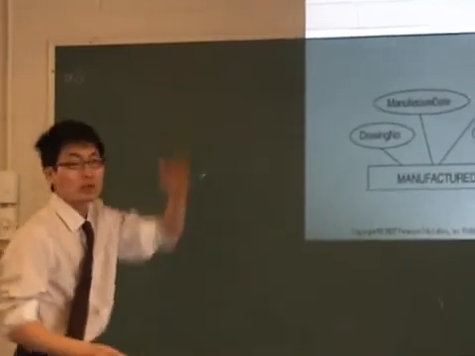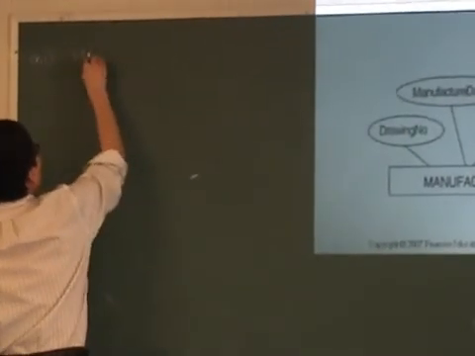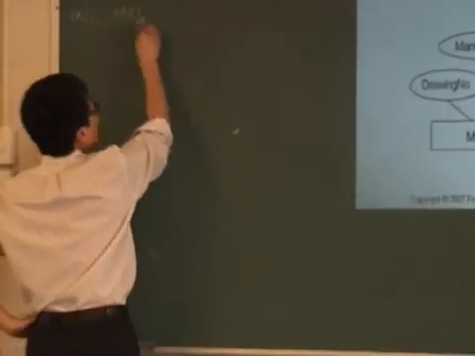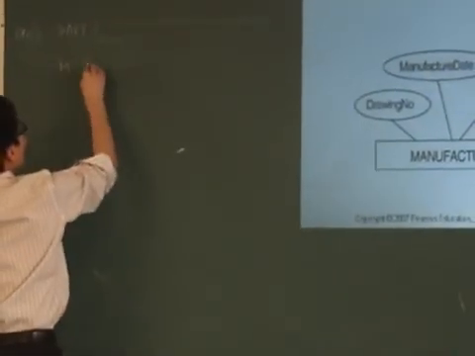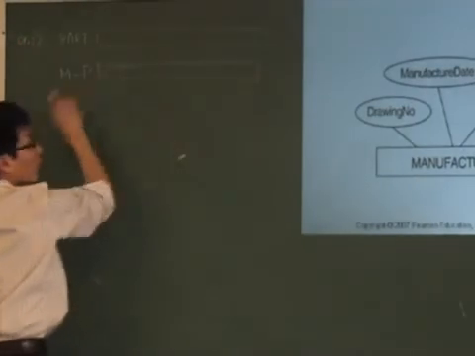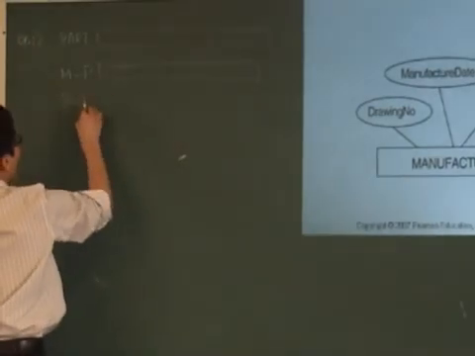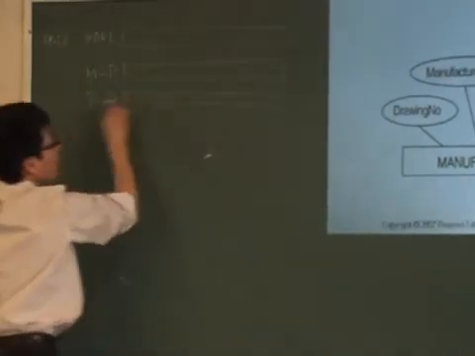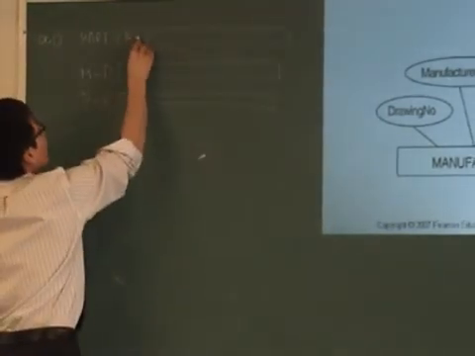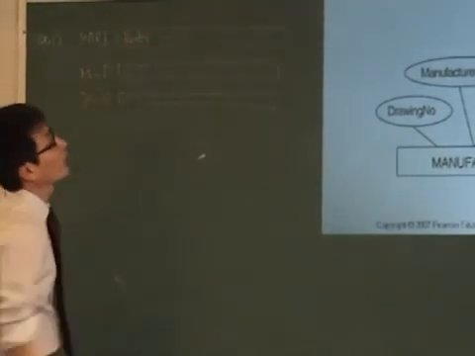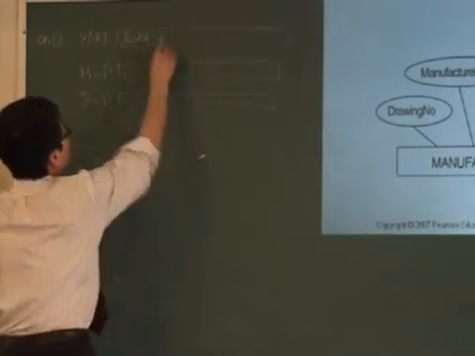For each, which means we need part, and we need the manufactured part, and we need purchased part. Okay? Then part number is the key. Then description.